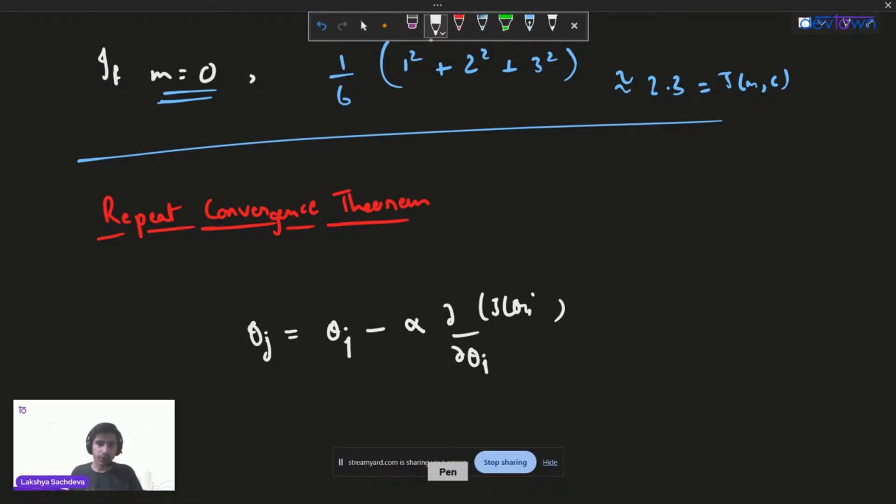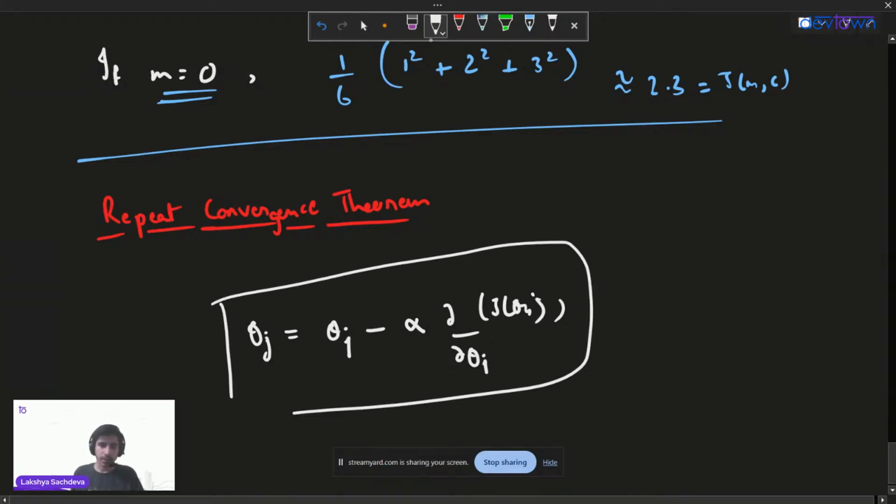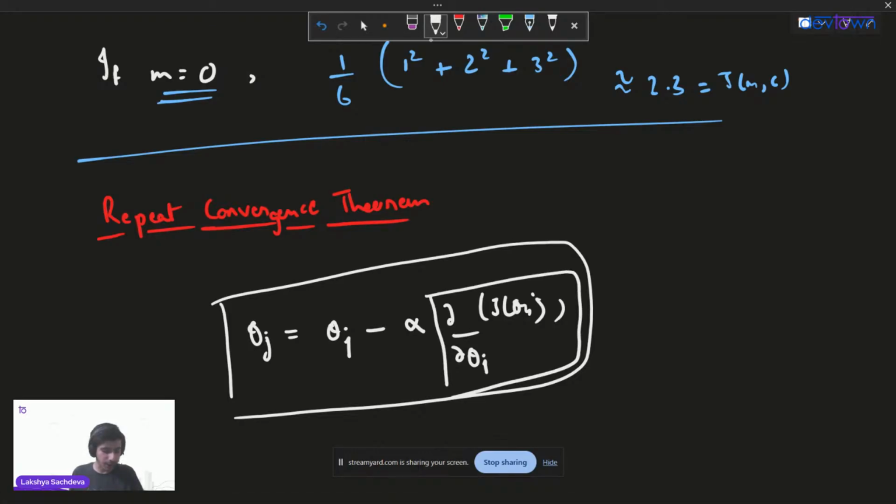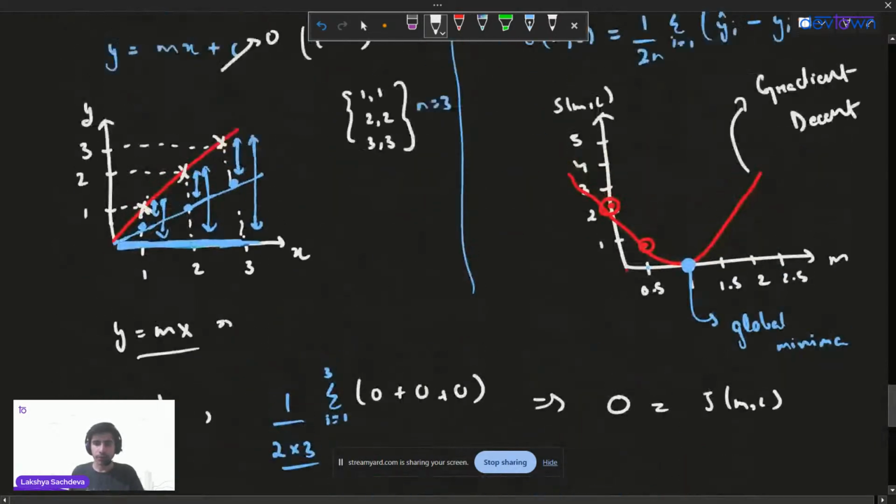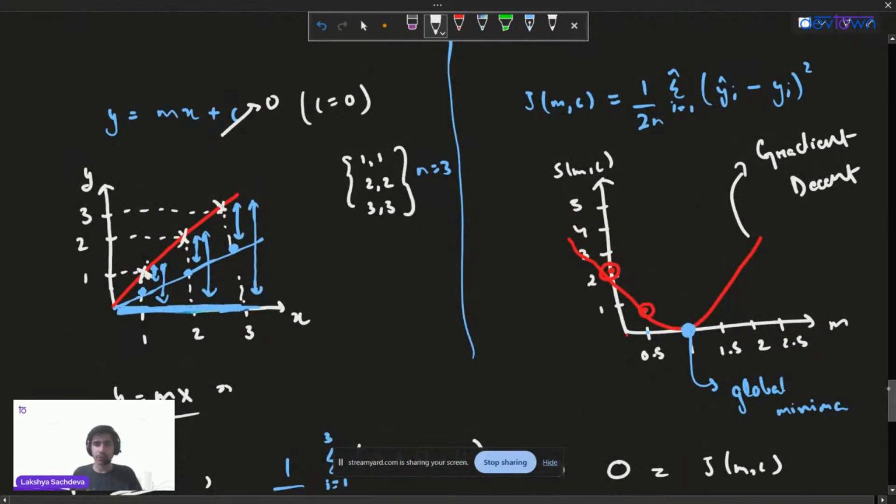Sir, what does this mean? First of all, this partial derivative thing is nothing but the slope of each and every point on this gradient descent.